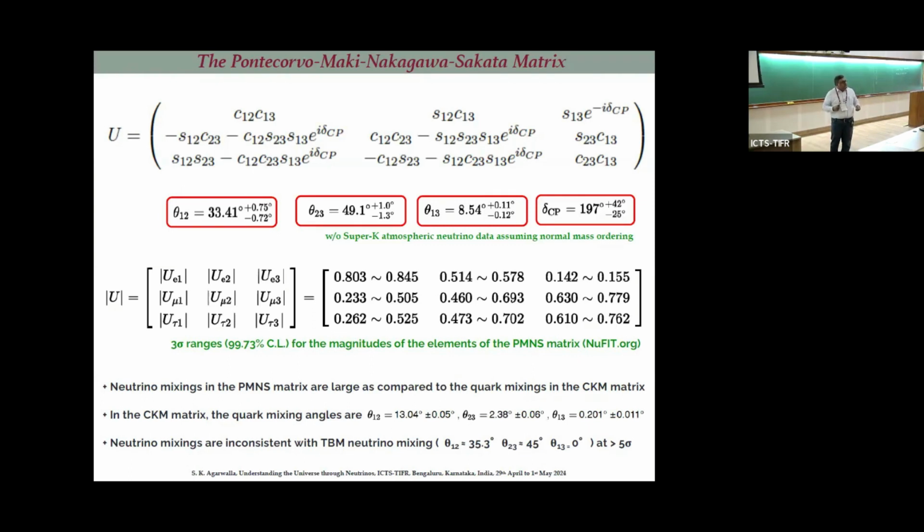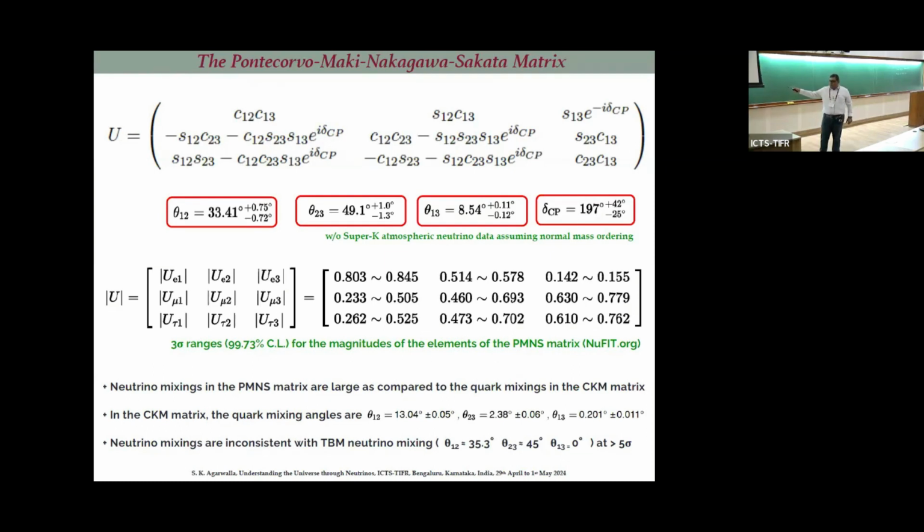Neutrinos love to mix. So just some facts: in the CKM matrix, the mixing angles are around 13 degrees, 2.4 degrees, and the smallest one is 0.2 degrees. Now you can compare these numbers with these numbers, and you are convinced that neutrino mixings are indeed large. And it has far-reaching consequences when you do phenomenology.